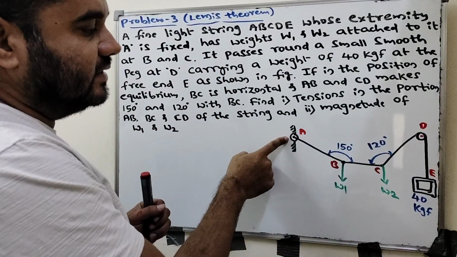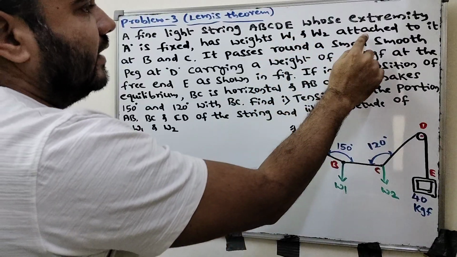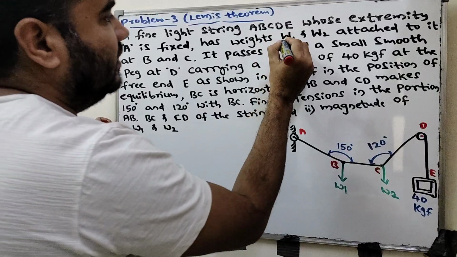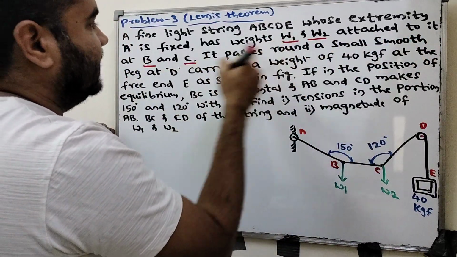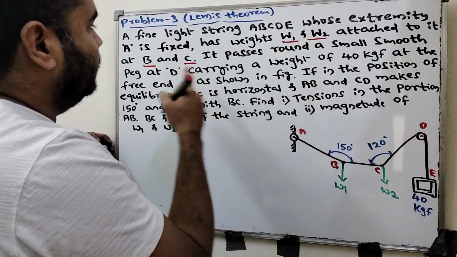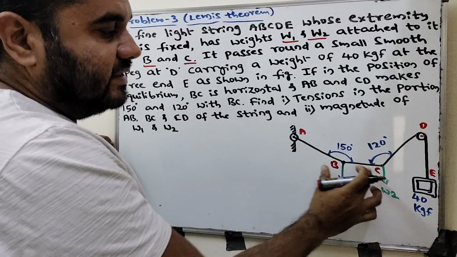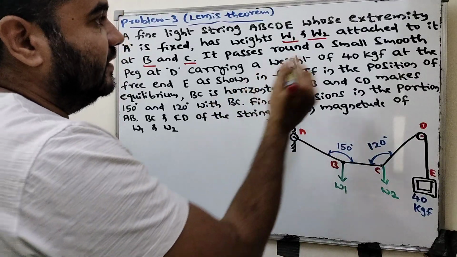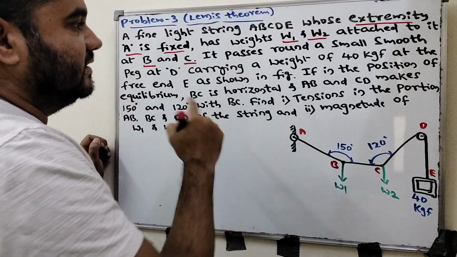It has weights W1 and W2 attached at B and C. W1 is attached at point B, and W2 is attached at point C. There are two weights attached at B and C, and the extremity A is fixed here. Okay, this is the data.